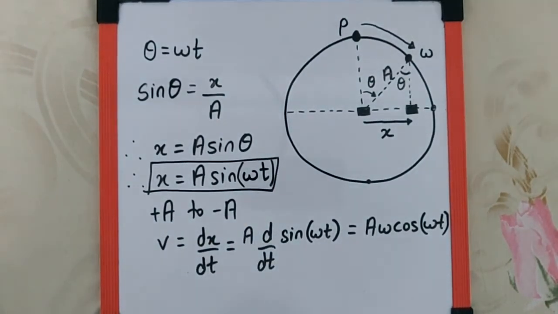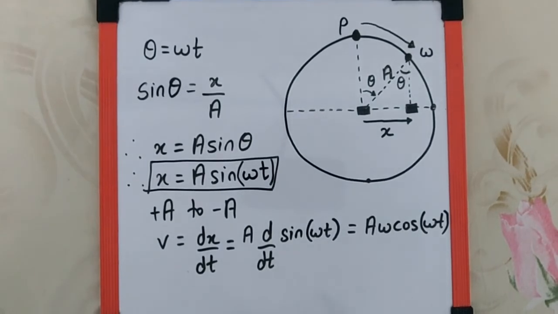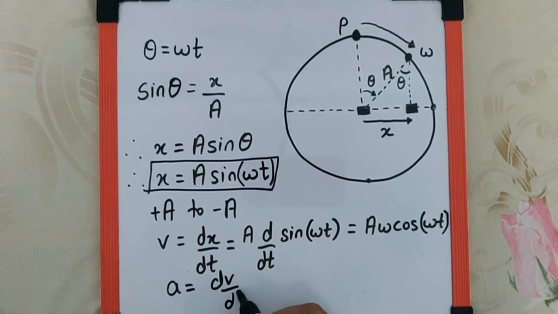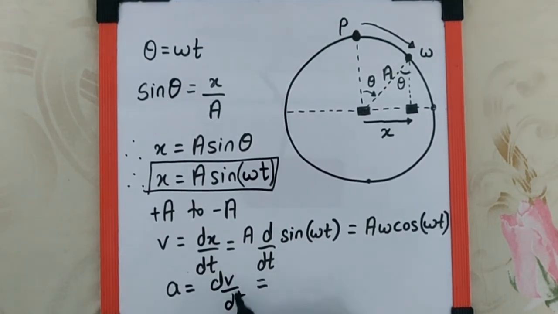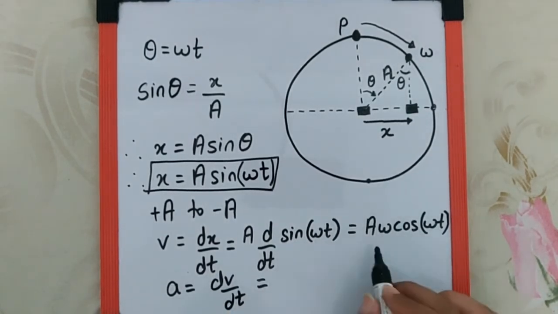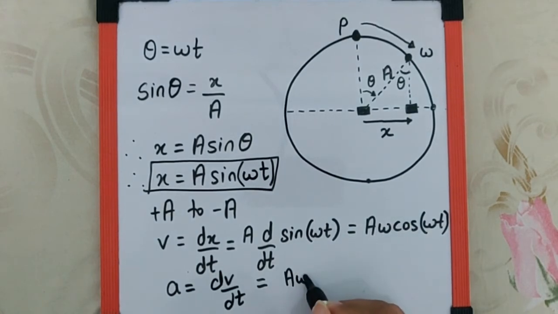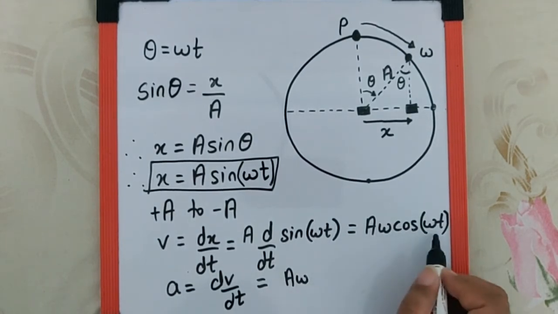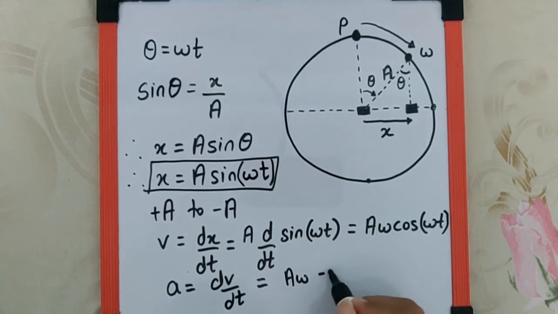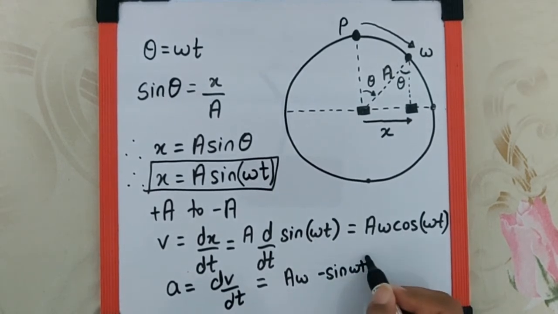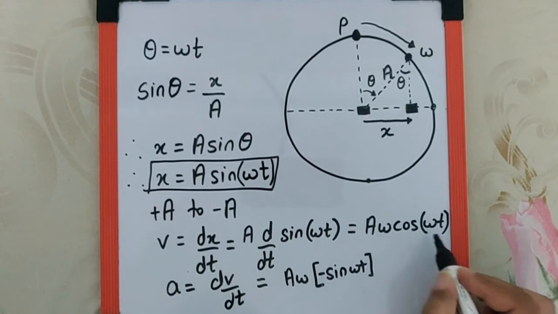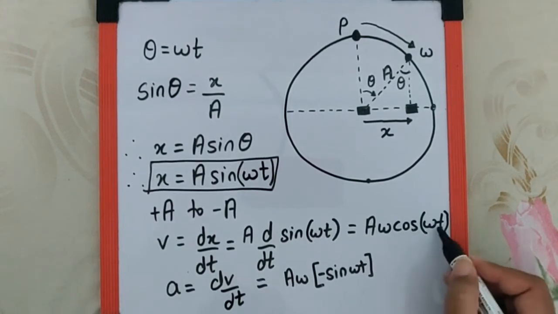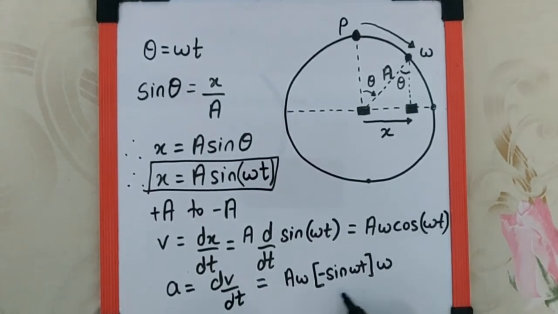Now to go a step further, we take the second order derivative to find the acceleration. The acceleration, as we know, is dv by dt, the derivative of this. So this time A omega being constant comes out, then it is the derivative of cos omega t. The derivative of cos omega t is minus sine omega t, and the derivative of omega t is omega, and so we get the final value as minus omega square A sine omega t.